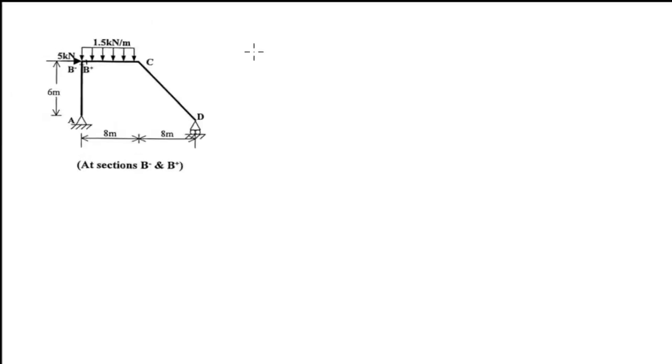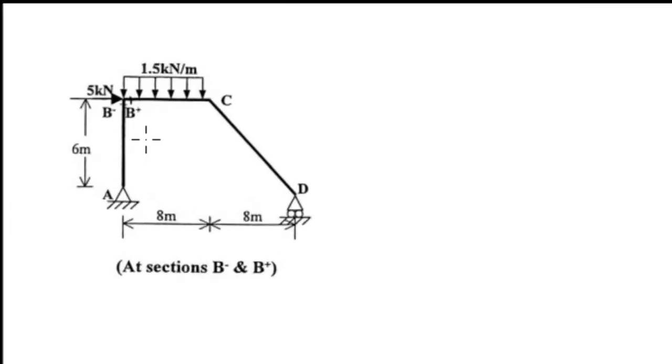It's given that you got 5 kilonewton at B here, and you got a UDL of 1.5 kilonewton per meter applied on BC. So, hinge support at A and roller support at D here.